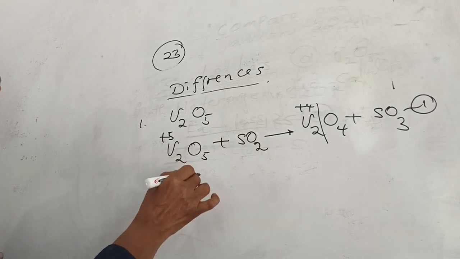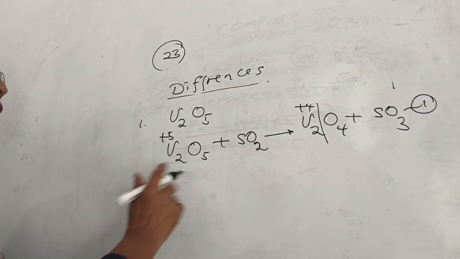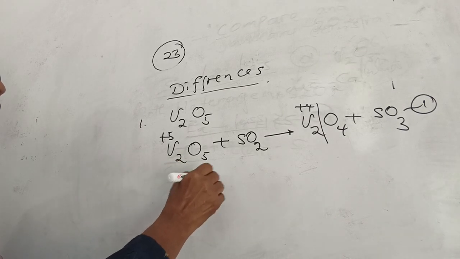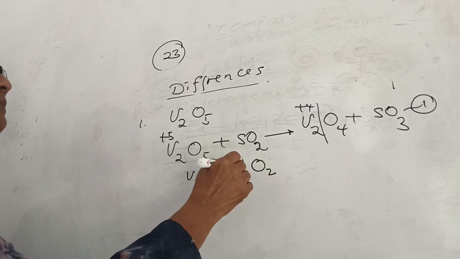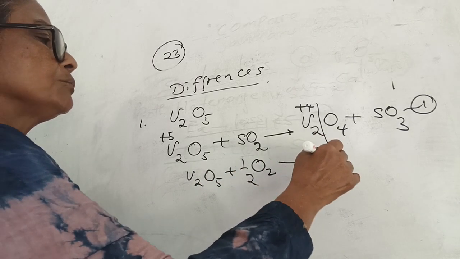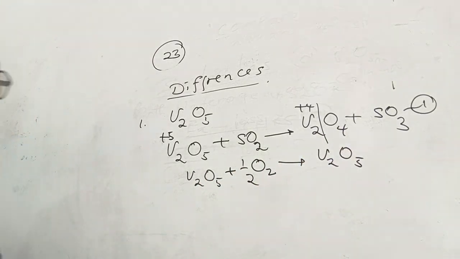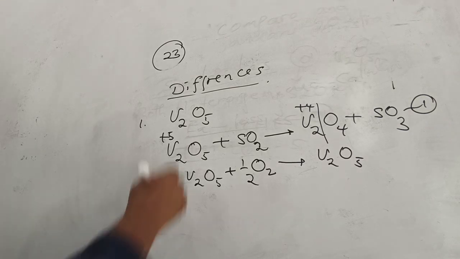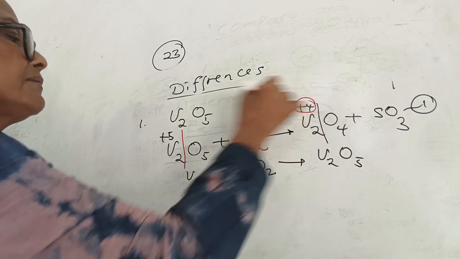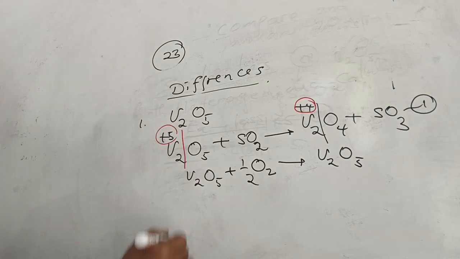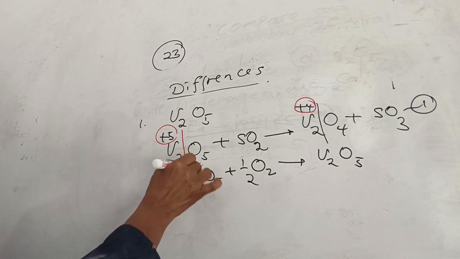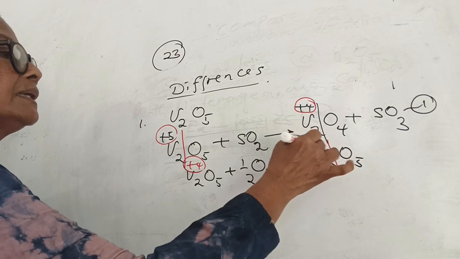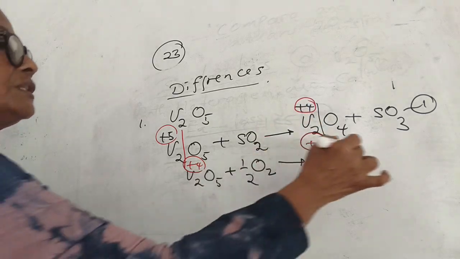Next step is that SO3 is produced, and the V2O4 is oxidized back into V2O5 again. This process involves oxidation and reduction. Plus 5 changes to plus 4, and the plus 4 state changes back again into plus 5 during the reaction.